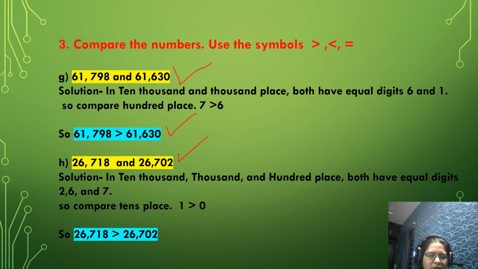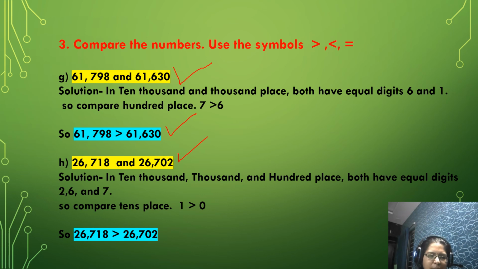In both numbers in the 10,000 place the digits are equal. So next we move to the 1000 place. In the 1000 place in the first number the digit is 6. In the second number in the 1000 place the digit is 6. Both are equal, 6 and 6. Next we move to the 100 place. In the first number the 100 place digit is 7. In the second number in the 100 place the digit is 7.